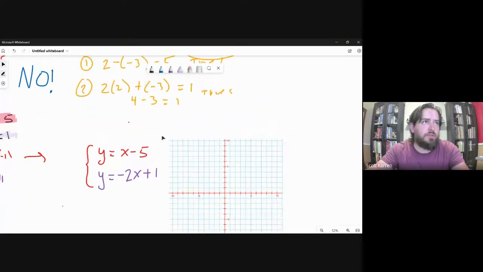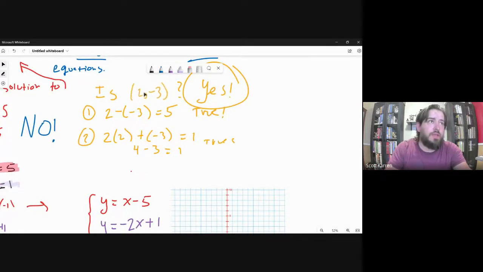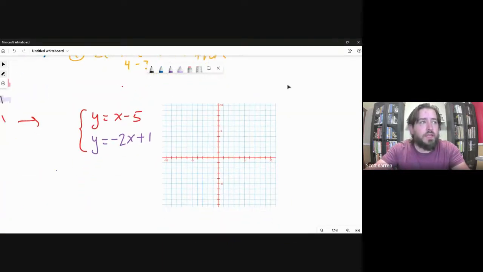All right, we already know a solution. That may not be the only solution, but we have a solution of (2, -3). When we graph that, that should be where these two lines intersect, because if they intersect, that's a point that is on both of these lines. So if I graph the first line, which I put into y equals mx plus b, I have an intercept of negative 5, so that would be here, and then a slope of 1.